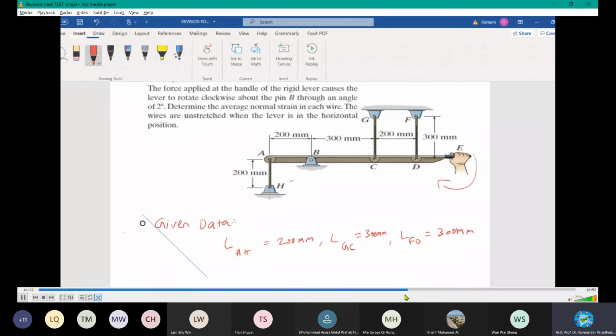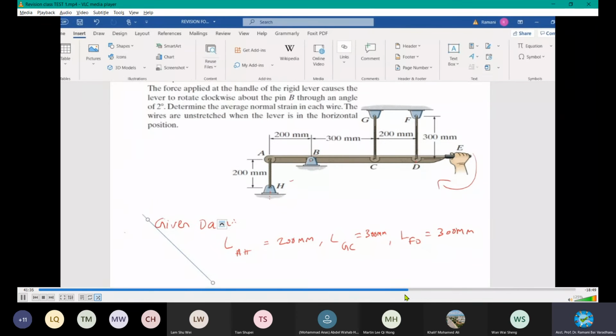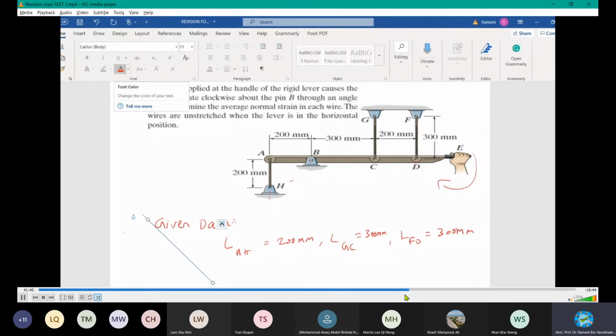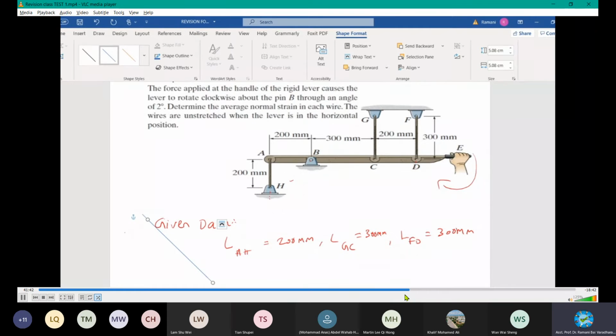The line will be like this, and the line will tend to rotate like this. It will rotate about B.